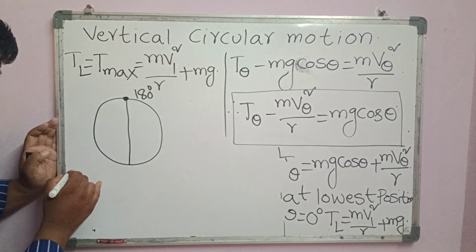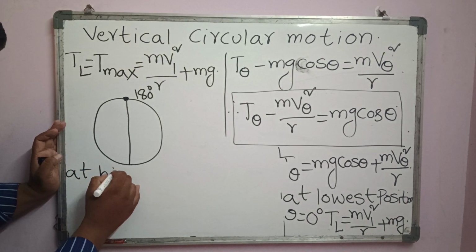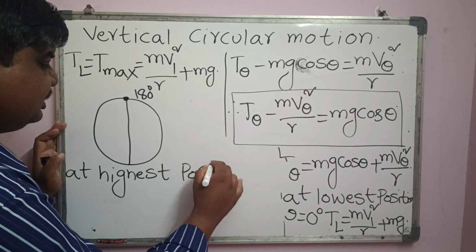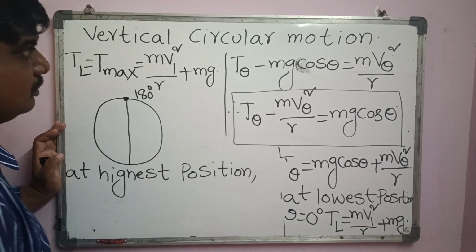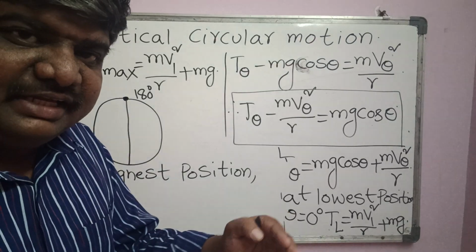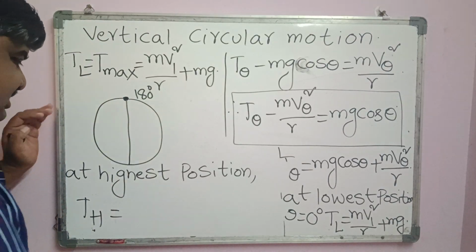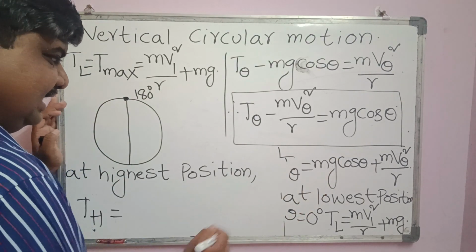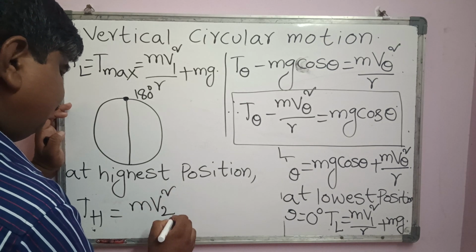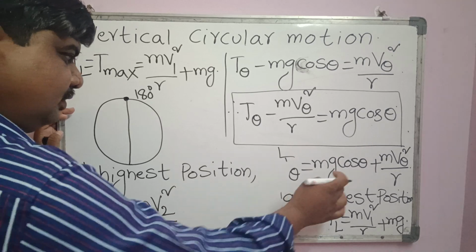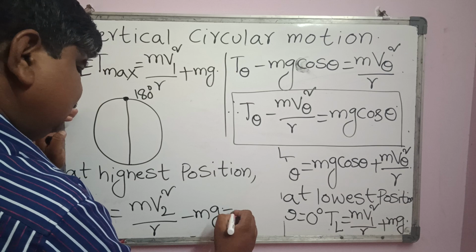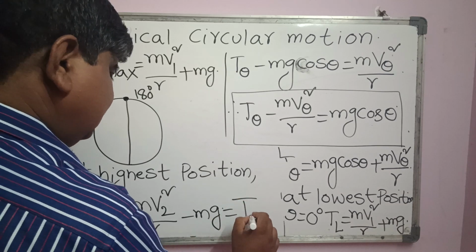So at the highest position, the tensional force TH, by substituting theta equal to 180 degrees, is m v2 square by r, and cos 180 is minus 1, so it is minus mg, which is actually called T minimum.